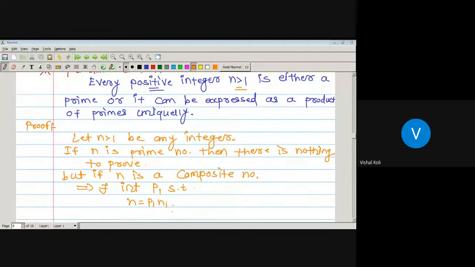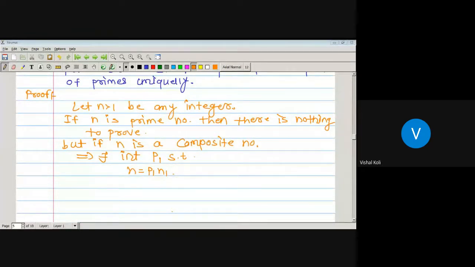Since here n is composite, it has a divisor other than 1 and n, and the smallest such divisor is a prime. So we have taken p1 as the smallest divisor of n. As p1 is a divisor of n, by the definition of divisibility, n must be a multiple of p1. So n is equal to p1 into n1 for some integer n1.